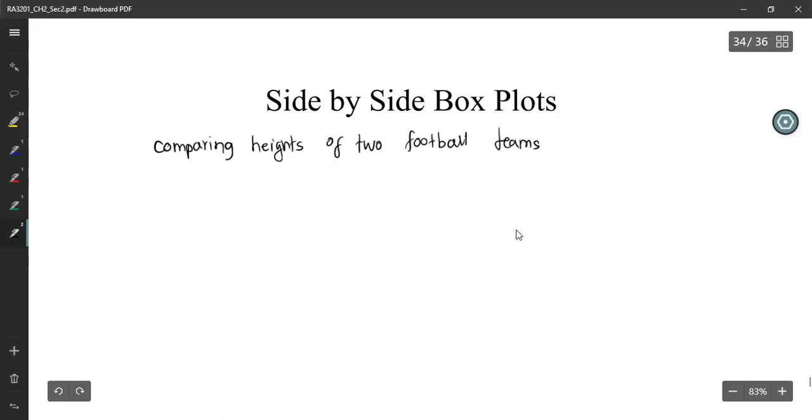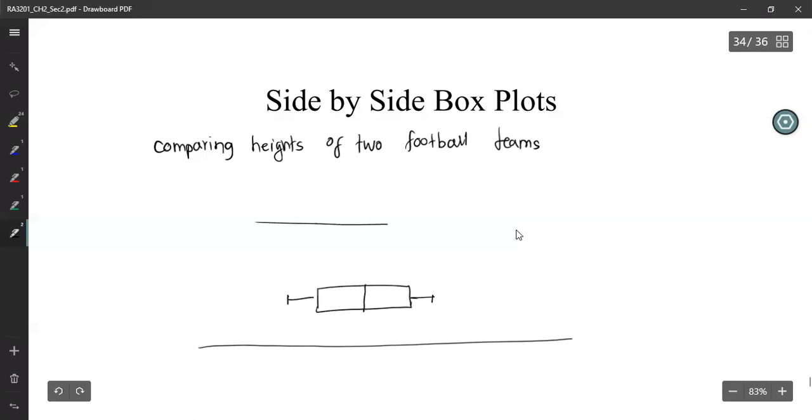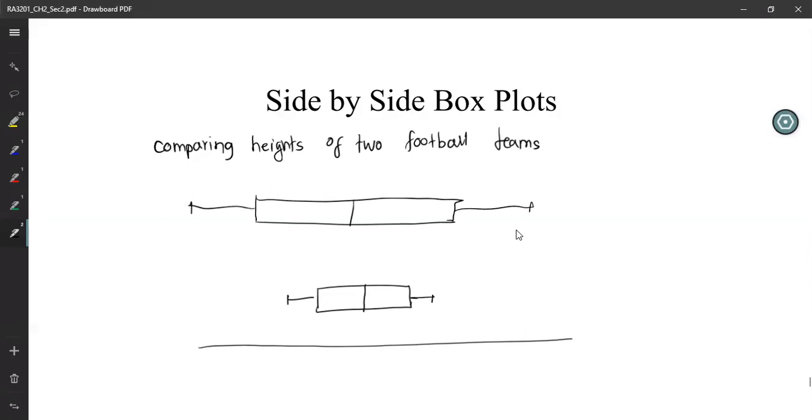If you draw the box plots on the same scale, same number line, you'll end up with something like this. The first group had a very low variation, something like this. And the second team has a higher variation like this. The box plots will look like this, both symmetric, let's say. So you can easily compare the 2 teams. Team 1 has less variation than team 2. Both are symmetric distributions.